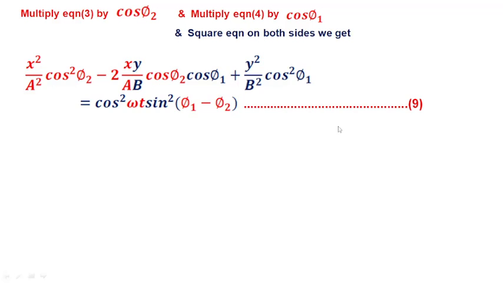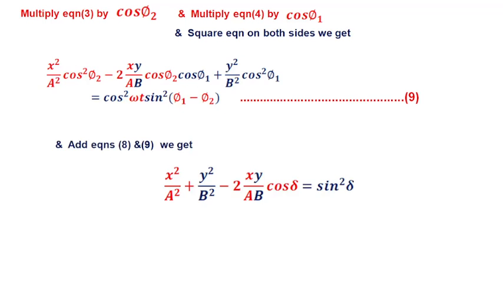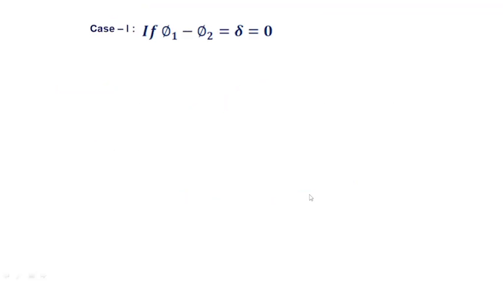This is, suppose, equation 9. Add equations 8 and 9, we get x square divided by a square plus y square divided by b square minus twice into xy divided by ab into cos delta is equal to sine square delta.